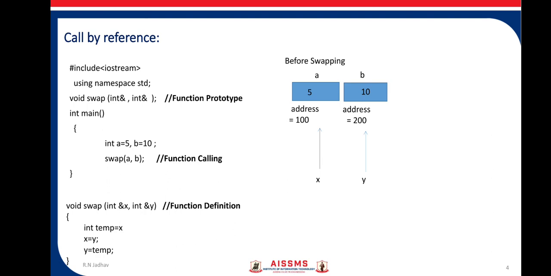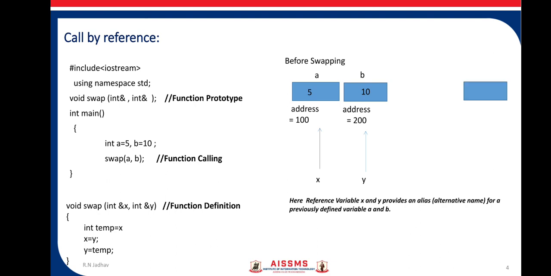Whatever operations we do here will be reflected on the same memory locations which we have already assigned for variables a and b. So here the reference variables x and y provide alternate names for the previously defined variables a and b.